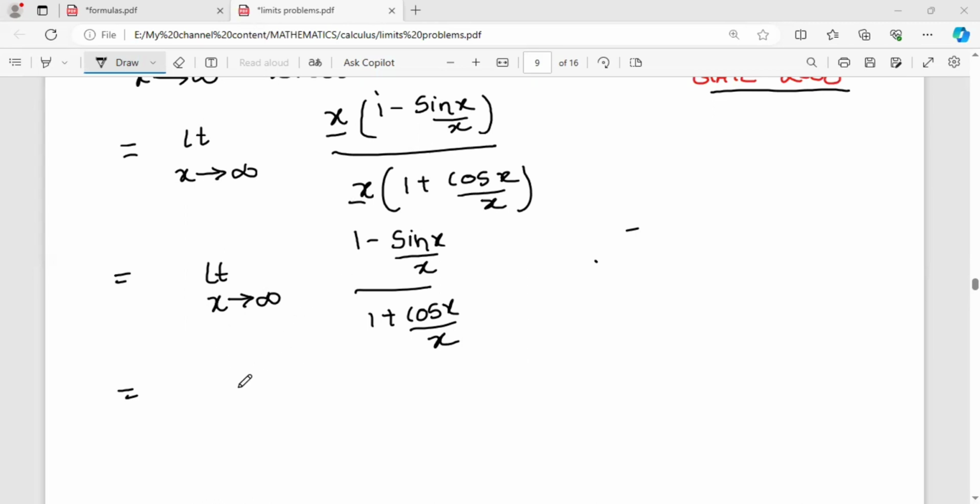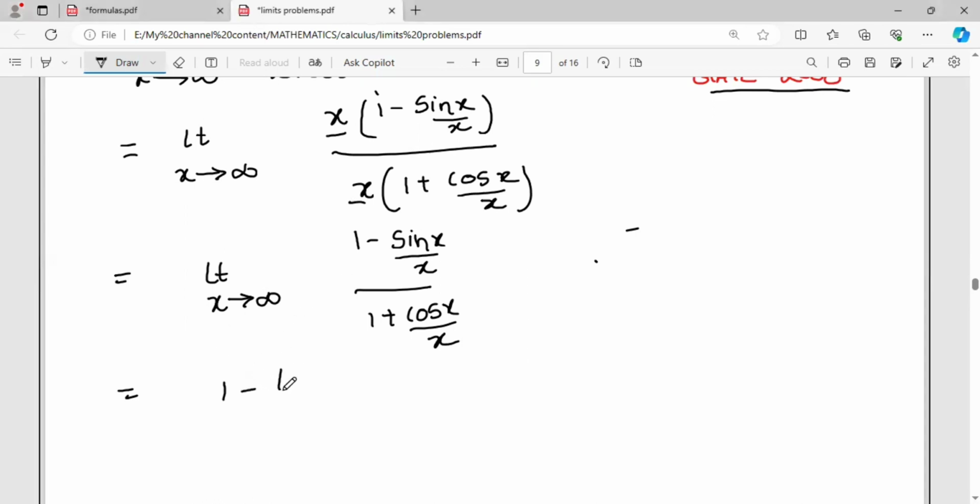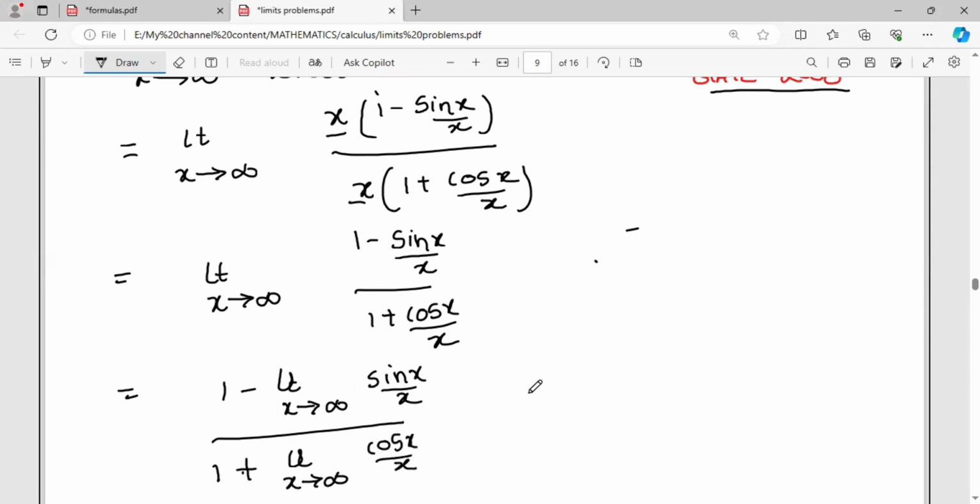Limit of 1 minus limit x tends to infinity sin x by x, by limit of 1 plus limit x tends to infinity cos x by x.